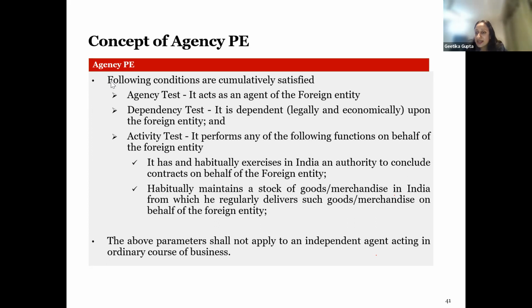So the first question is, can you please clarify the agency agent context in case of foreign shipping companies? There are many Indian companies representing as pure agent of more than one foreign shipping company. Okay, Kavita, I'll take your question. This is very specific to foreign shipping. I'll take this maybe offline, but just to lay the context here of the agent, the concept is you have to see whether the Indian agent has the authority to bind the foreign person.